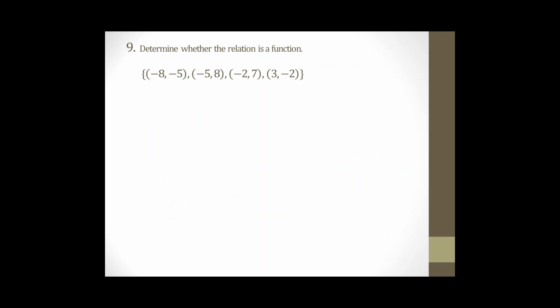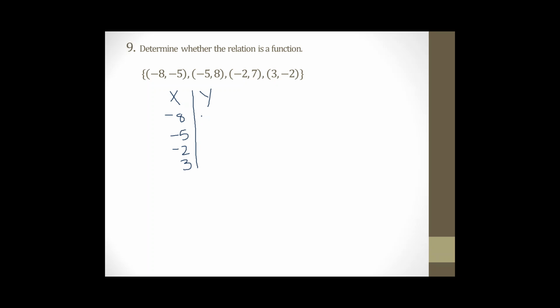Determine whether the relation is a function. So we've got a set of points here. Let's list them here. So our x values are negative 8, negative 5, negative 2, and 3.